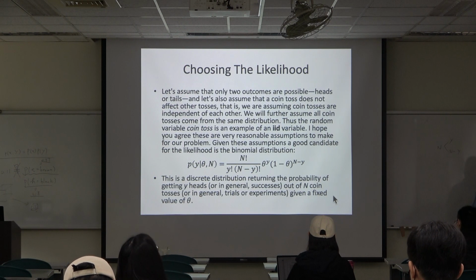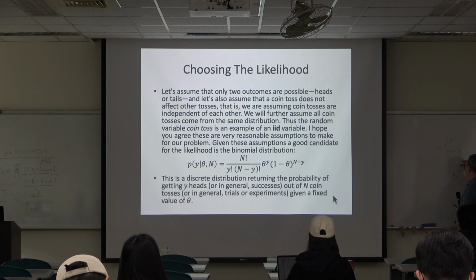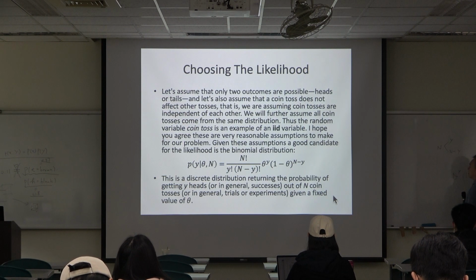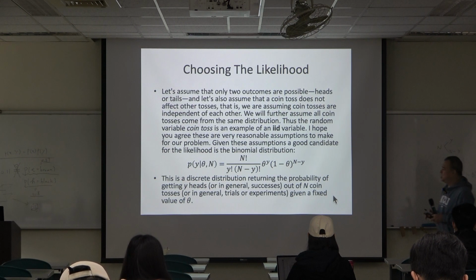The chance to get the y heads is theta to the power of y. The chance to get this many tails is 1 minus theta to the power of n minus y. So you get this one.